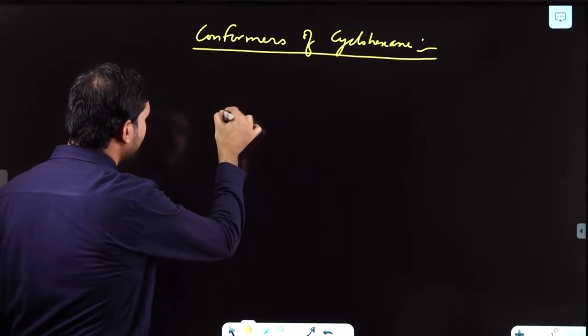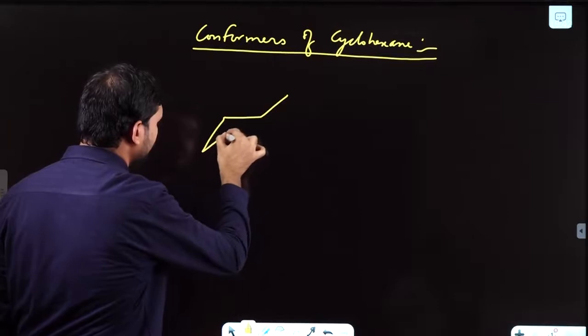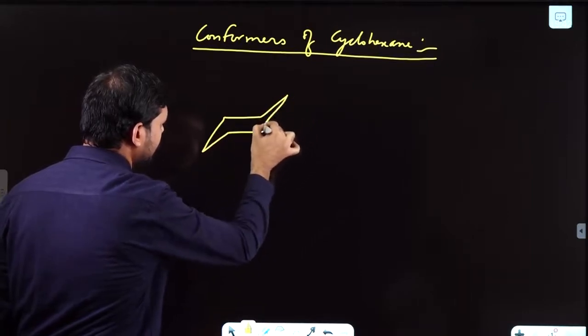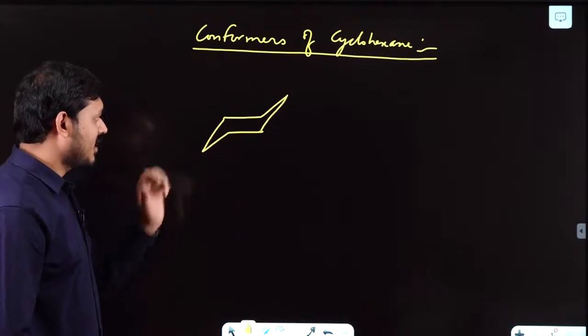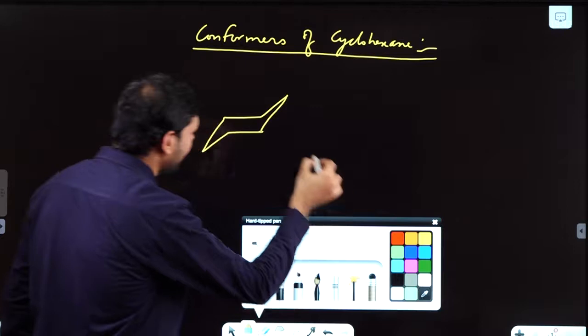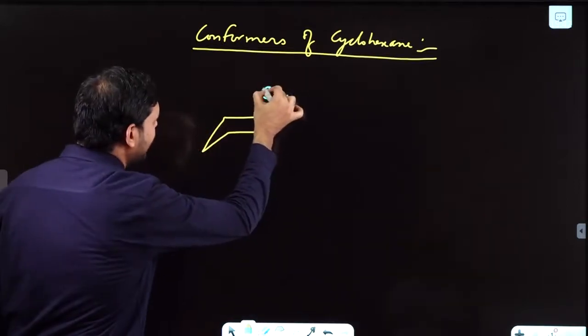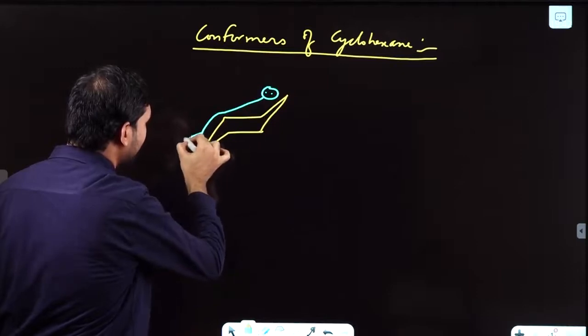If I simply draw the chair form, first of all, observe this as a chair. Suppose one person is sitting over here, right? You can just observe it like that.